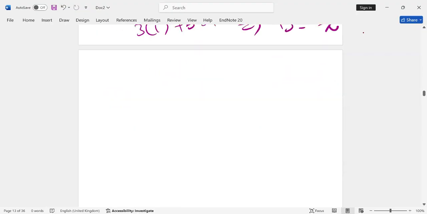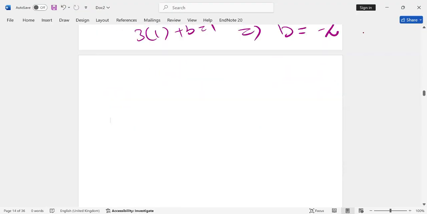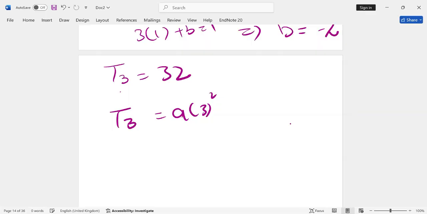So now use T3 equals 32 to solve for c. So we say T3 equals a times 3 squared plus b into 3 plus c, which equals 32.